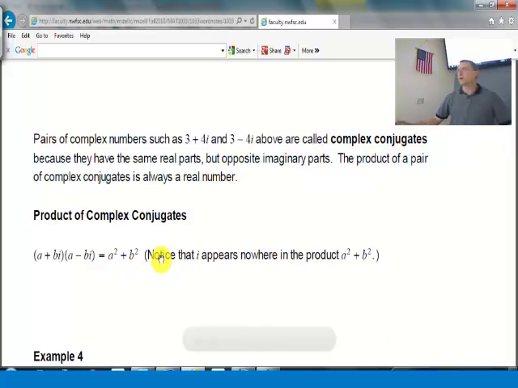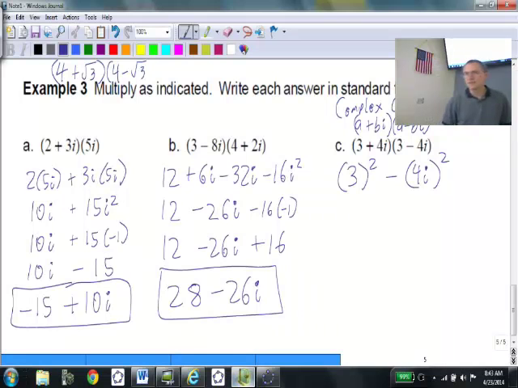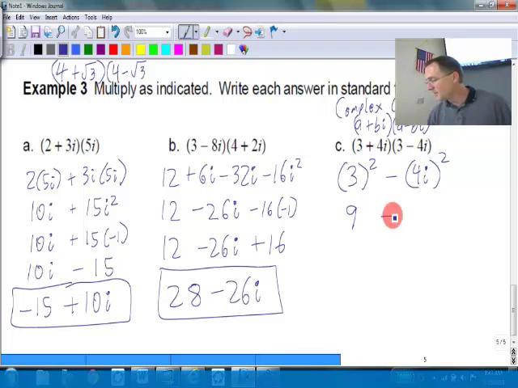But I've been working so hard, and you've been doing such a good job realizing that with the difference of two squares, when you have a plus b times a minus b, you get something squared minus something else squared. I don't want to rock that boat and say, okay, sometimes it's a plus. I'm not going to go there. I'm just going to say it's a minus. And then if that i squared down at the bottom of the page has us do something with that minus, then so be it. 9 minus 16i squared.